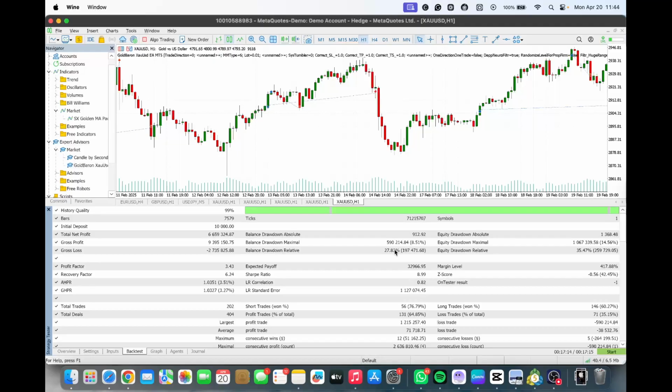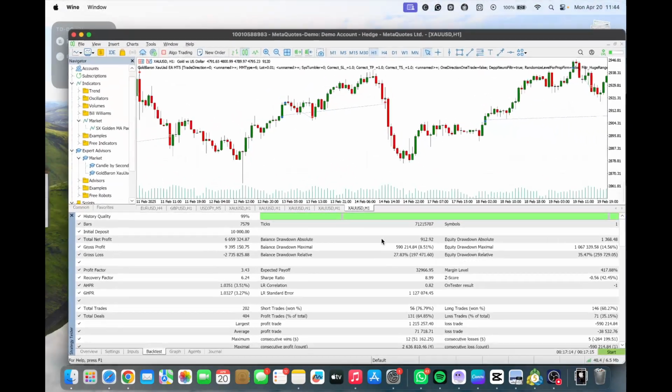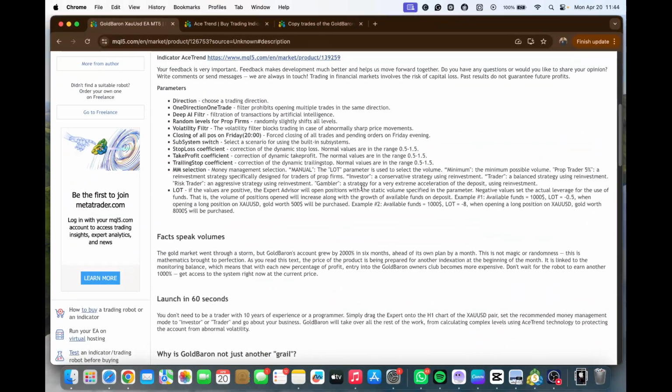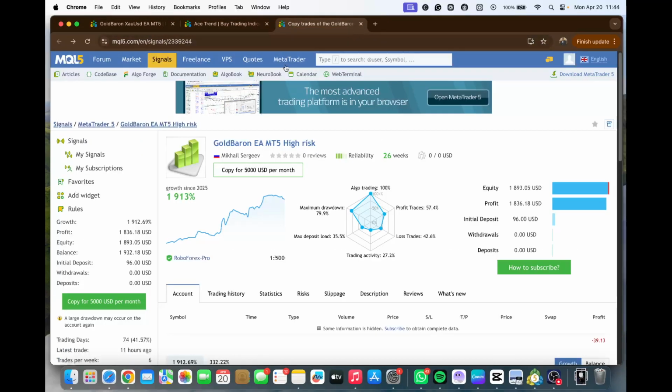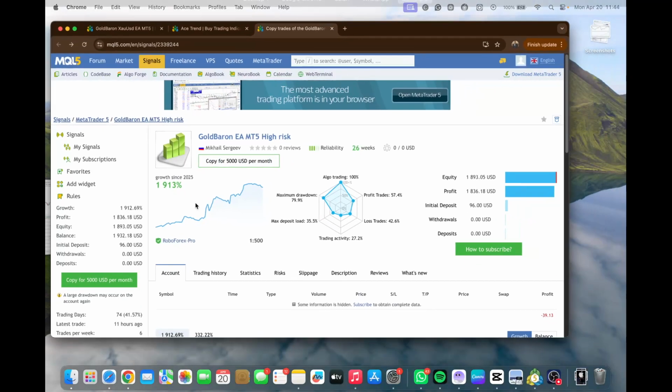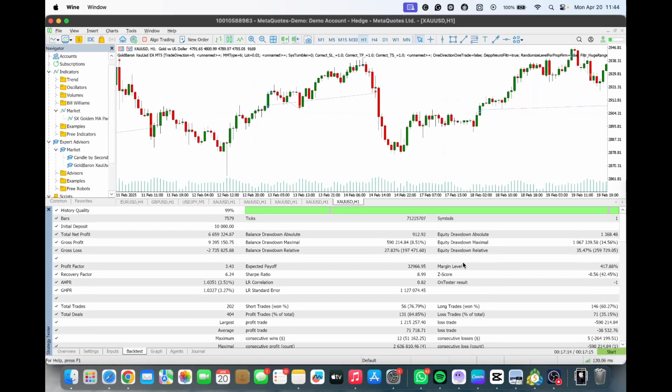Now, when you compare that to the developer's real account signal, they show roughly 1900% growth from $96, but the signal has a max equity drawdown close to 80% at some points, with warnings saying large drawdowns may happen again.